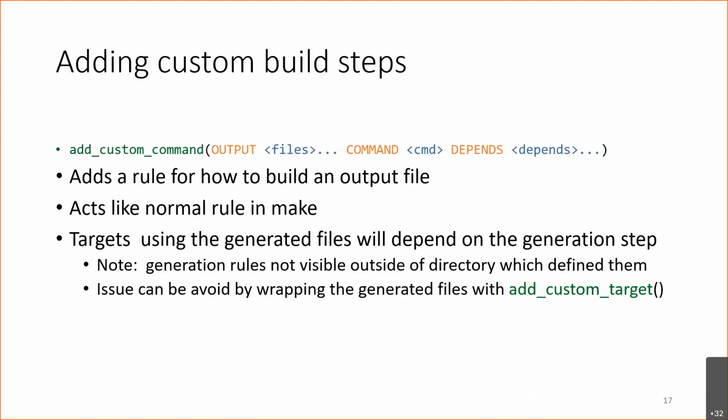The one caveat here is that due to some quirks in the way CMake is implemented, this doesn't work properly if you define how to generate the file in a different directory from where you're trying to use it. You generally can work around this by wrapping the generated file with an add custom target, and then having the target you want depend on the custom target instead of the generated file itself.